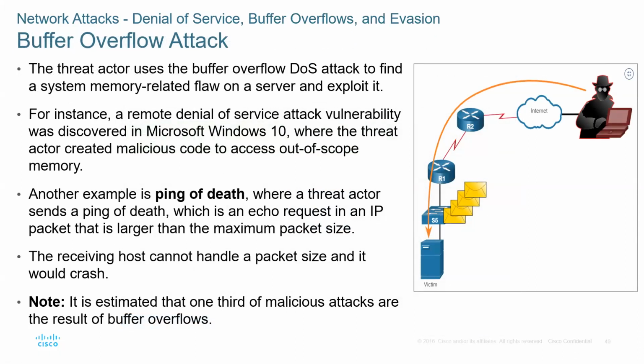We also have buffer overflow attacks. These are used to find a system memory related flaw on a server and then exploit it. For instance, a remote denial of service attack vulnerability was discovered in Windows 10, where the threat actor created malicious code to access out of scope memory.